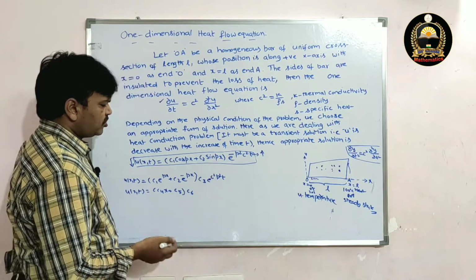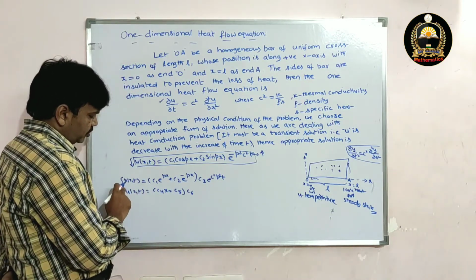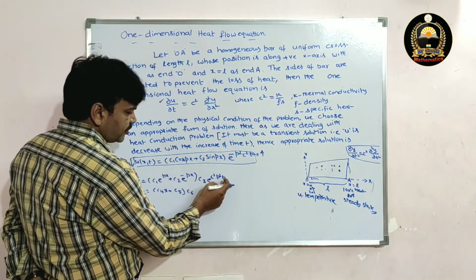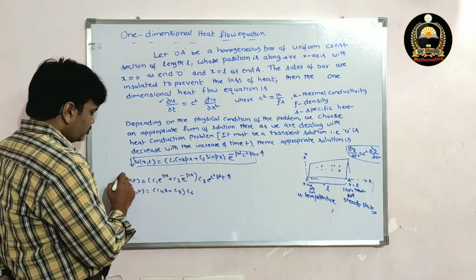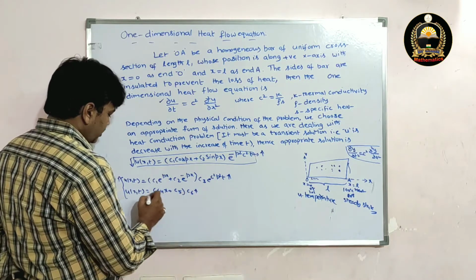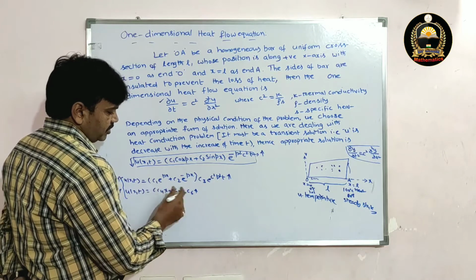There are two other solutions, students, like this. See here, I have e power c square p square t. When time increases, temperature also increases. Here also the same, and here it is independent of time.